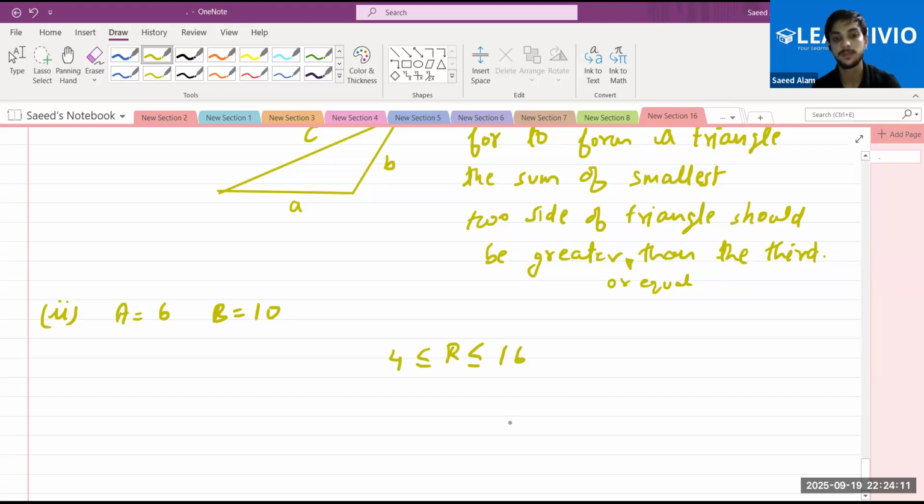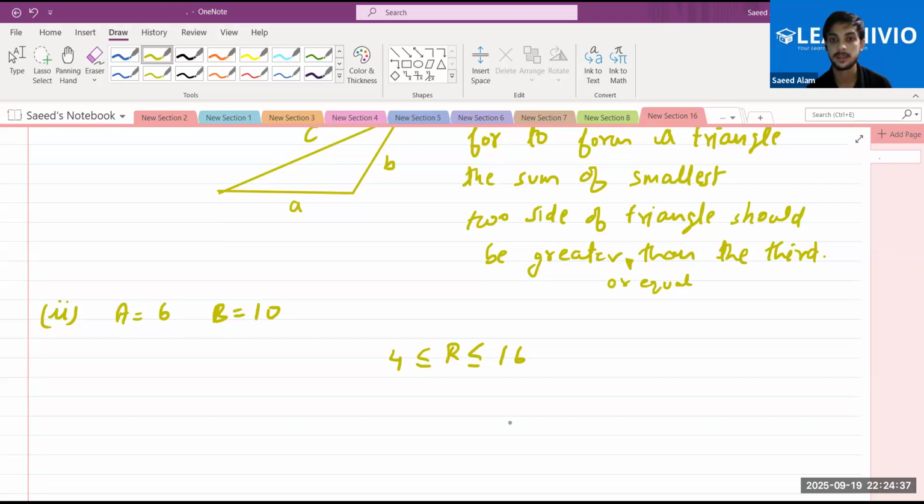Okay, is this clear to you? Yes. Suppose I ask you how should I join A and B so that I get the resultant to be 16? I'm asking you the reverse question. What should be the angle between A and B so that I get the resultant to be 16 meter?